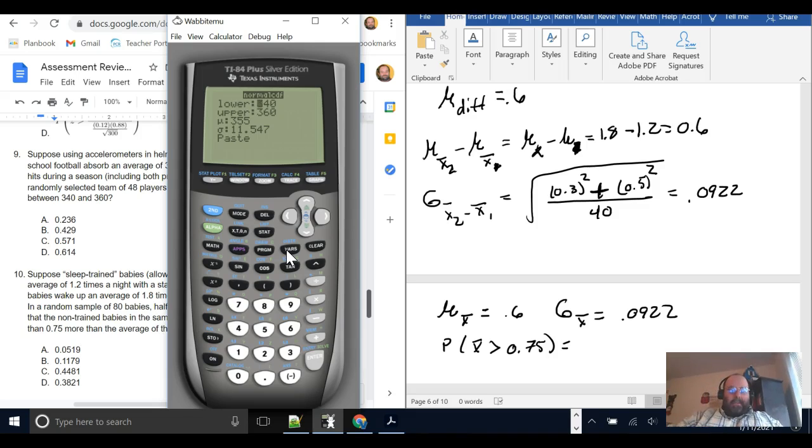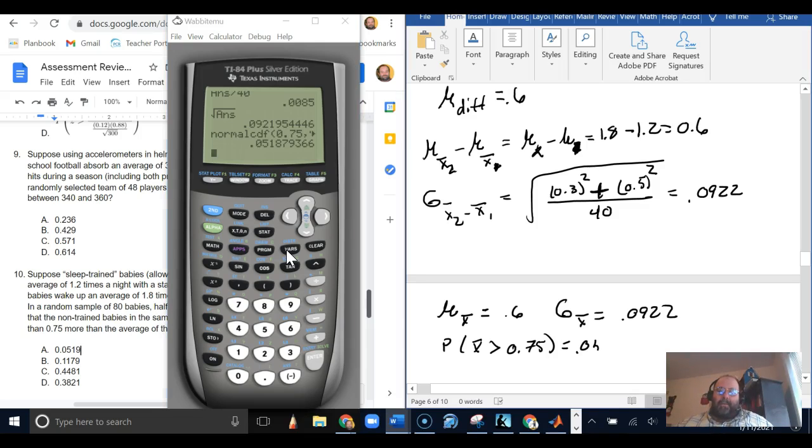My lower bound is 0.75. My mean is 0.6. My standard deviation is 0.0922. And upper bound is an extremely large number. That's all the blanks. And this is going to say that that probability is a little bit more than 5%.